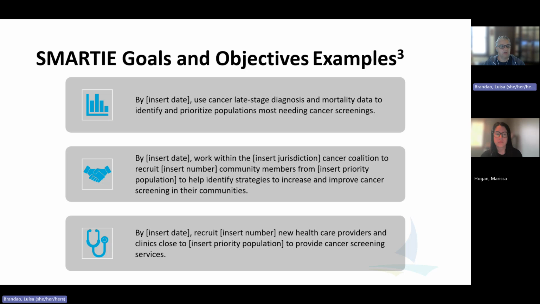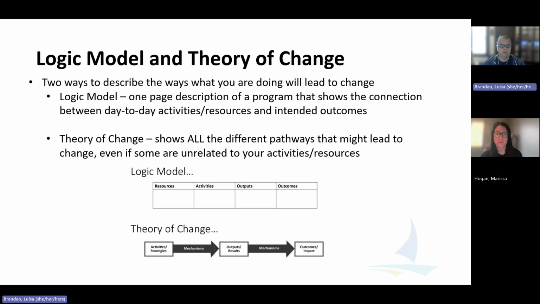The other thing that we often talk about in the planning process is, what is your logic model or theory of change for your program? That is, what are you doing and how do you know that it's going to lead to where you want to go? And often there's two ways of describing that. One is a logic model, and that often is a very linear description of how your program might work.